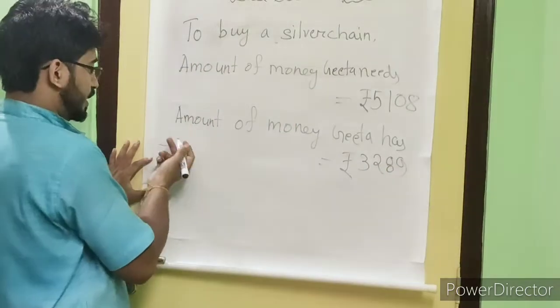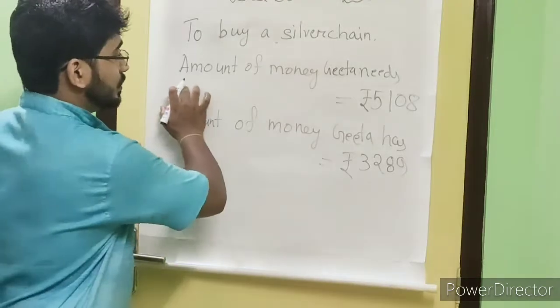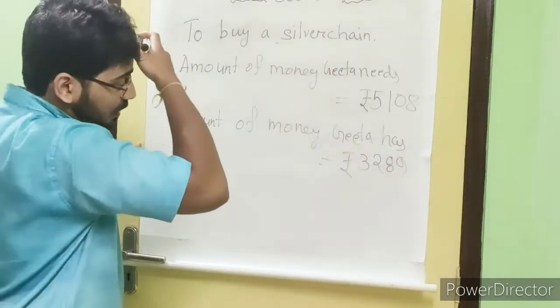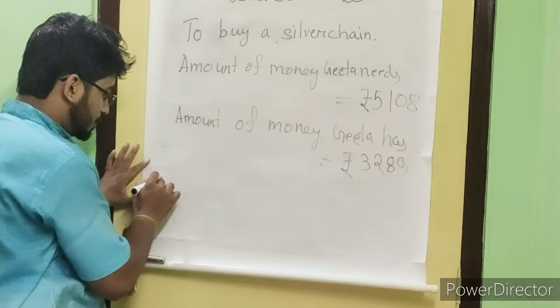Now you can subtract directly if you can write in one line. That means amount of money Gita needs in one line you are writing. If you can't, then no issue, put a therefore symbol here.